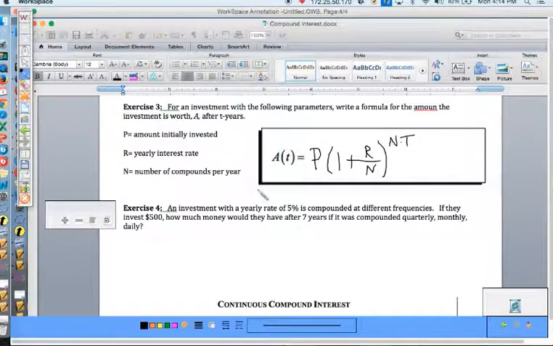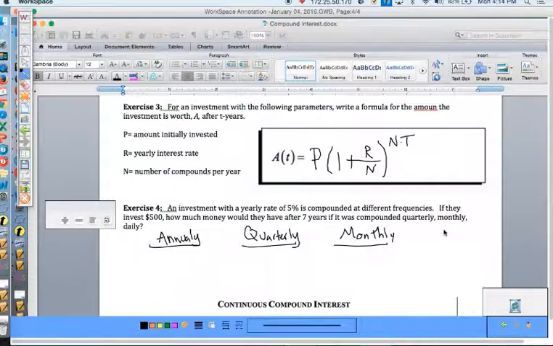So when we look at this example, we're going to check some things. You're investing money, how it would be compounded quarterly, monthly, and annually, and daily. Well, I'm going to add annually here. It's not on there. So we want to check it. What's the difference if it's annually, quarterly, monthly, or daily? Well, all of these are going to start the same. They start with 500. 1 plus 0.05.